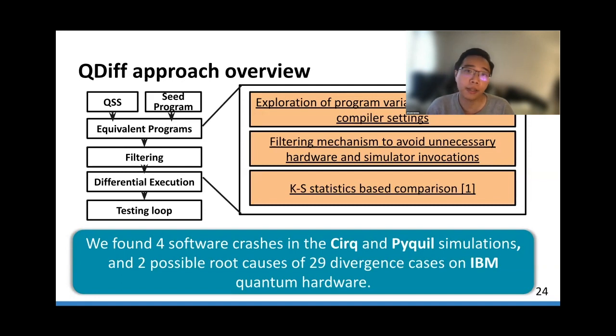Finally, QDiff repeats the testing loop with a new program generated by mutation and reports divergence if the results of equivalent versions diverge. With QDiff, we found 4 software crashes in the Cirq and PyQuil quantum simulators and 2 possible root causes for 29 divergent cases on IBM quantum hardware.